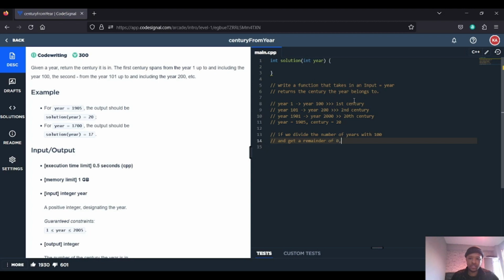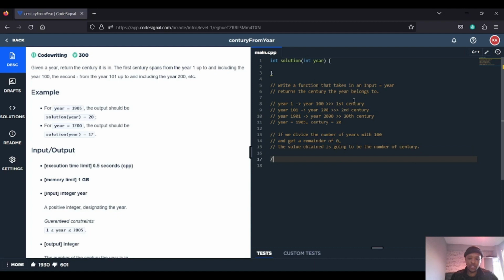that means the value obtained is going to be the number of century. What do I mean by saying this?